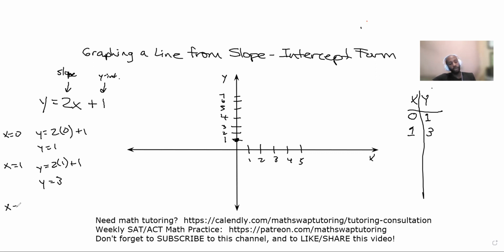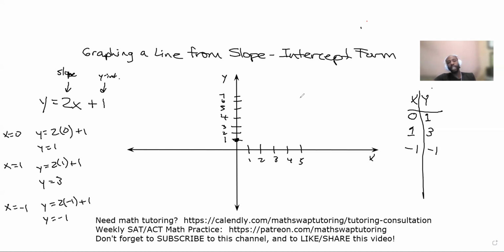What about x equals -1? y is going to be equal to 2 times -1 plus 1. So 2 times -1 is -2. -2 plus 1, y equals -1. So when x is -1, then y is -1. Let me make sure I did that right.